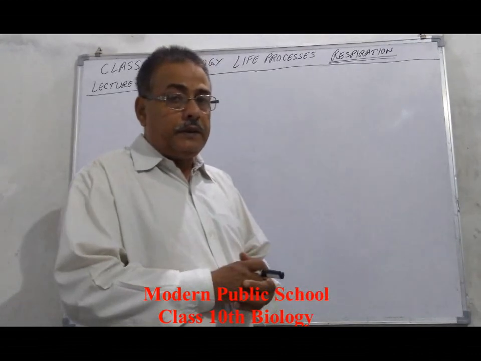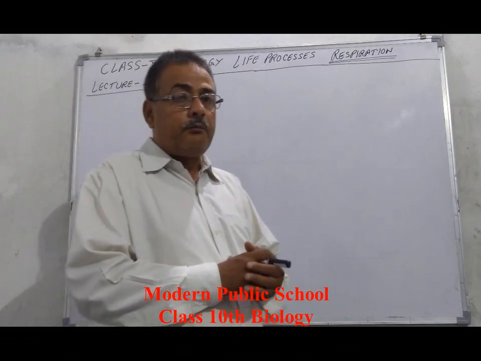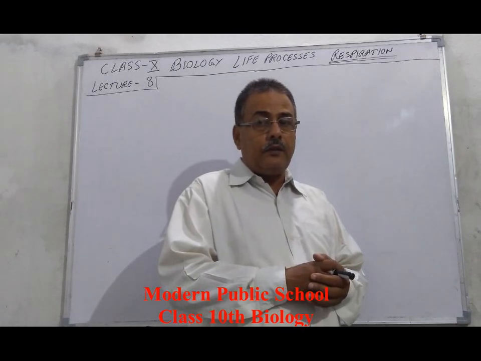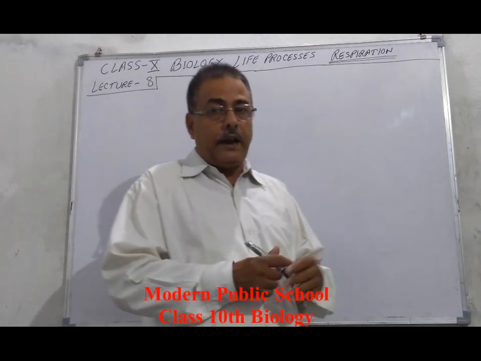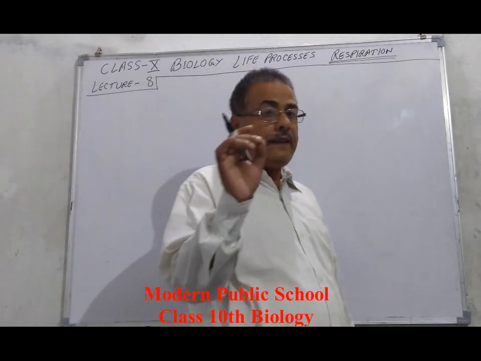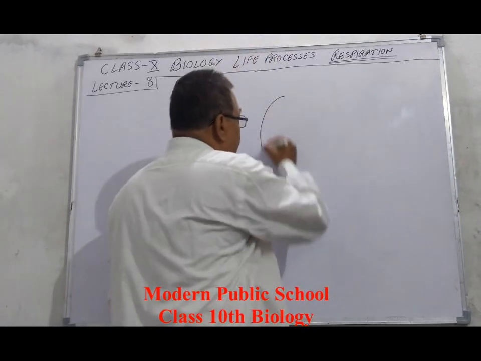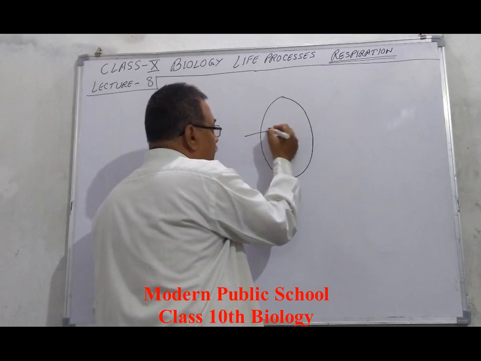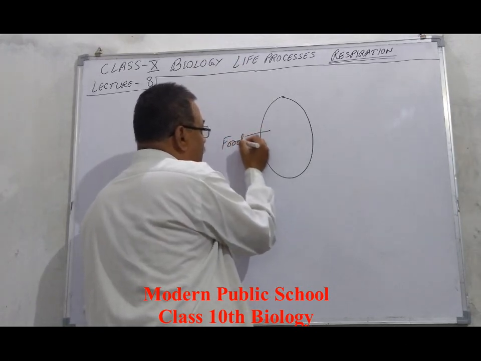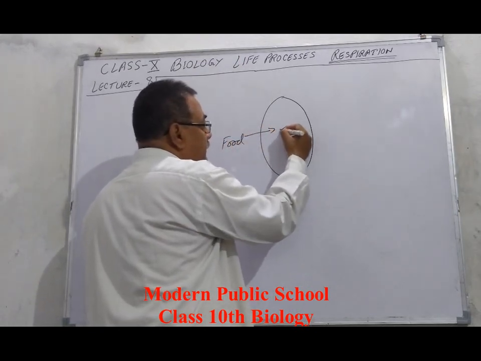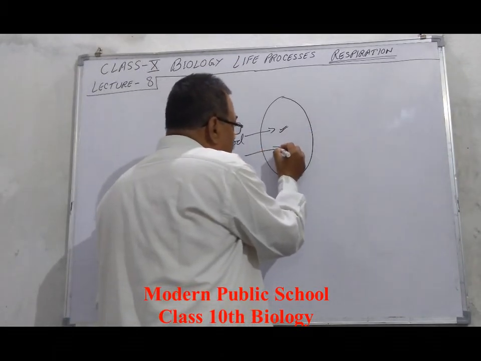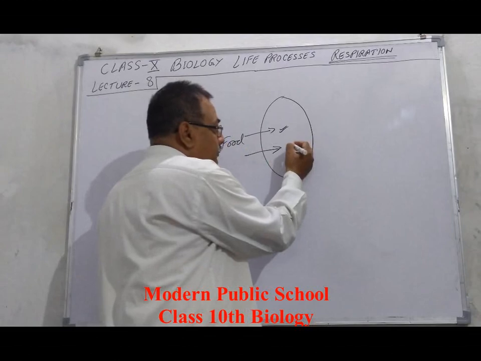The food which is absorbed by the villi in the small intestine mixes with blood and reaches each and every cell of the body. Suppose this is a cell. Food reaches inside the cell and oxygen also reaches inside the cell.